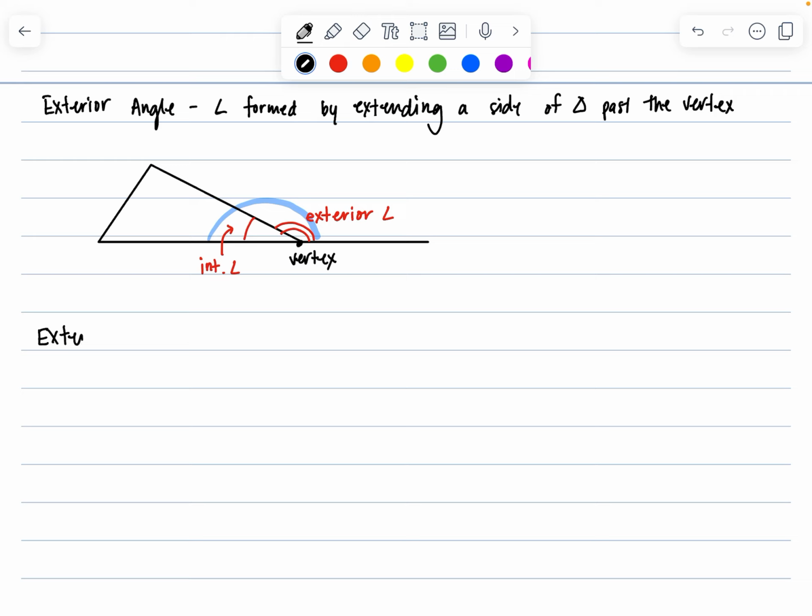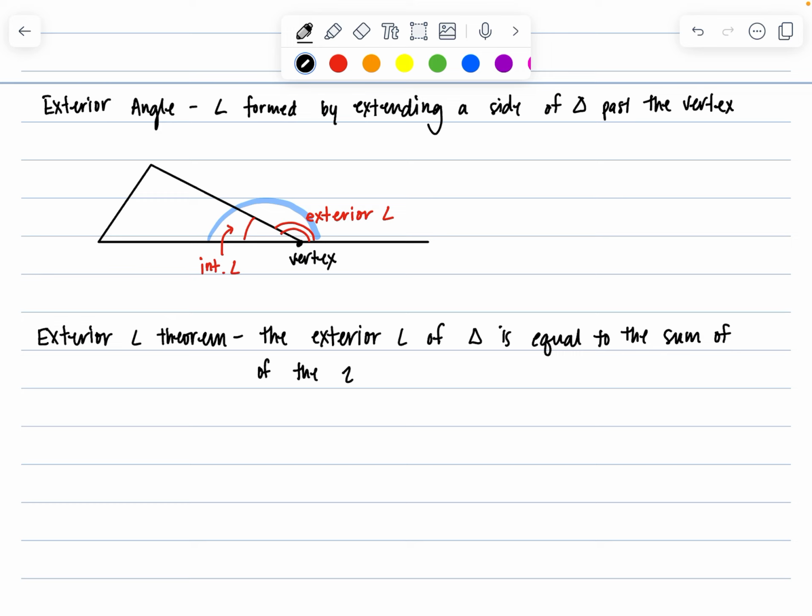So the exterior angle theorem states that the exterior angle of a triangle is equal to the sum of the two non-adjacent angles.